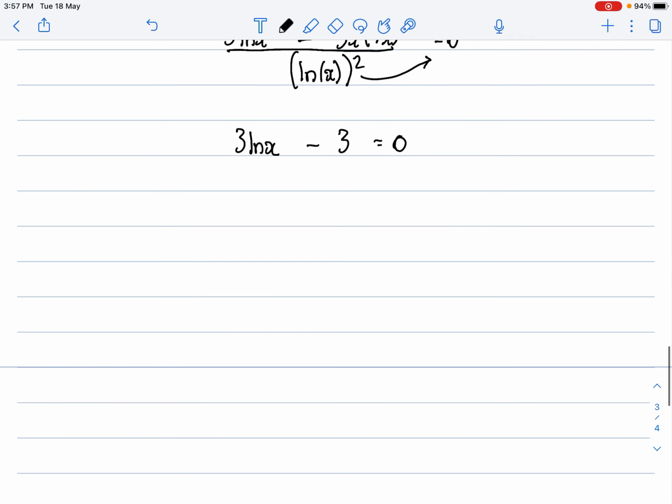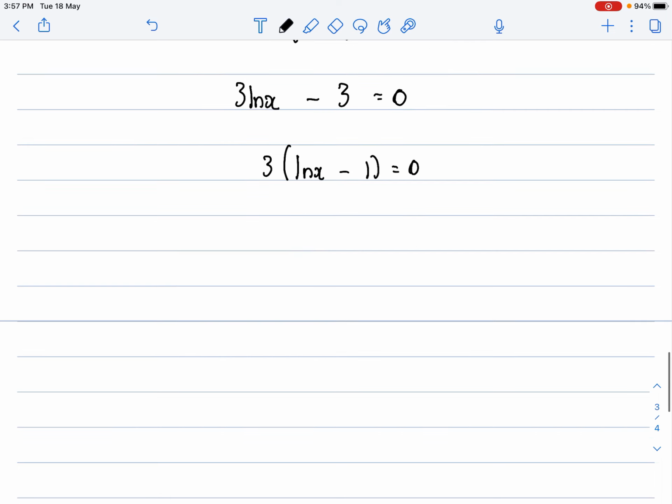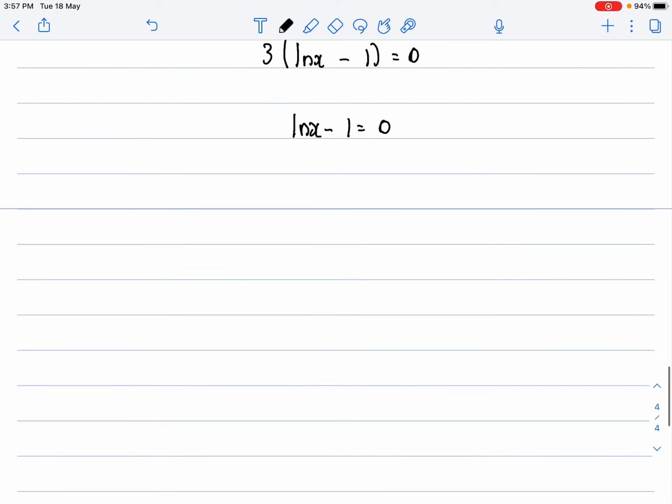So now what I can simply do is take 3 common here, and I can write this as ln x minus 1 is equal to 0. So I'm left with ln x minus 1 is equal to 0, correct? So I can write this as ln x equals 1.